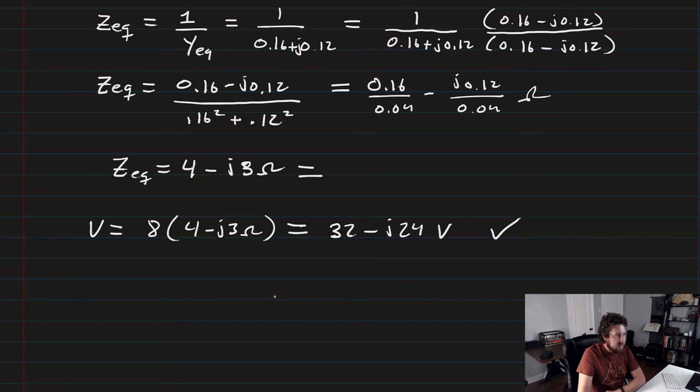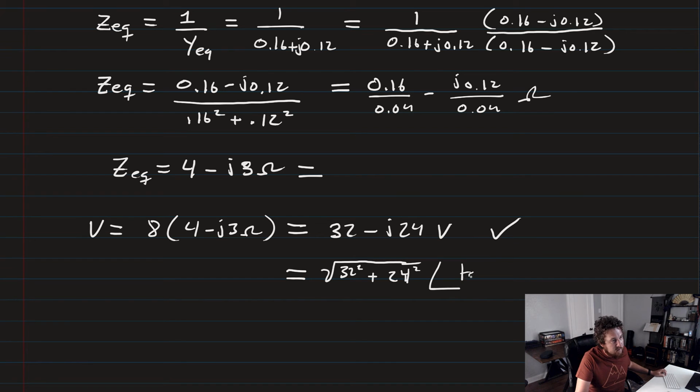So if we take this and convert it into a phasor form, because you need the phasor in order to find the steady state form, that'll be the square root of 32 squared plus 24 squared at an angle of the inverse tangent of minus 24 over 32. The square root of 32 squared plus 24 squared is 40.